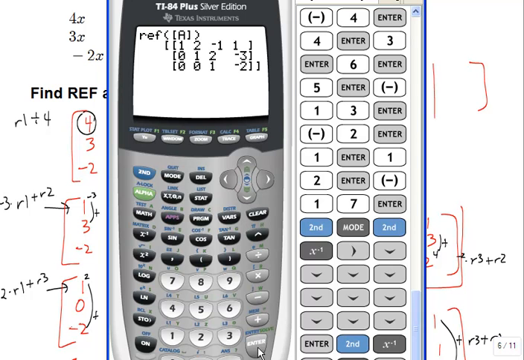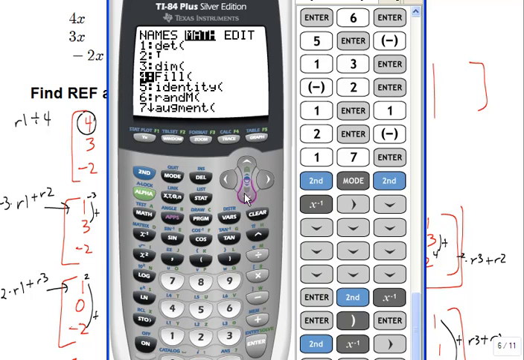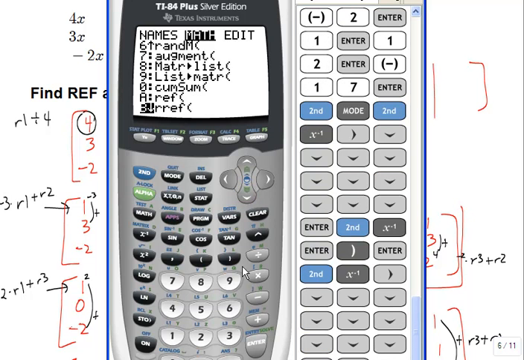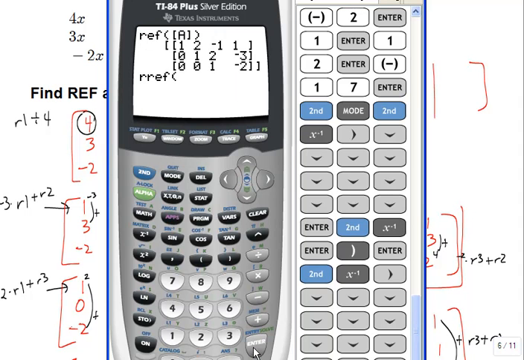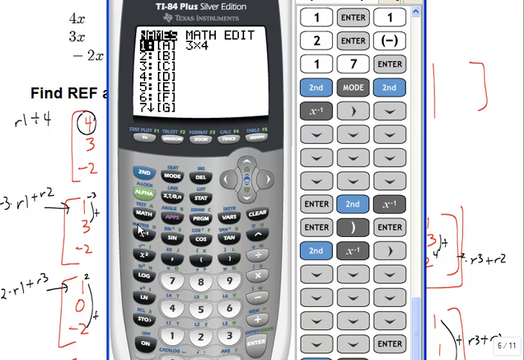So now let's do that all over again, but this time let's do the row reduced echelon form. So from my home screen, I'm going to click on matrix again, and I'm going to go over to math, and I'm going to arrow down until I get to RREF. Hit enter, and now you need to tell it which matrix to do this on again. So we're going to go back to second matrix, and I still want to do it on matrix A, which is the one that's highlighted.